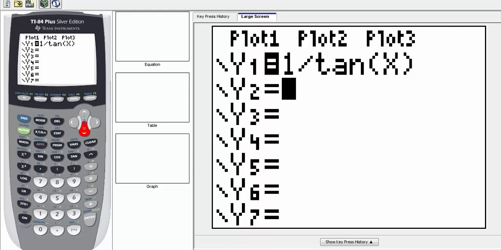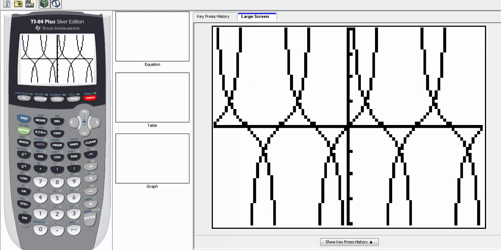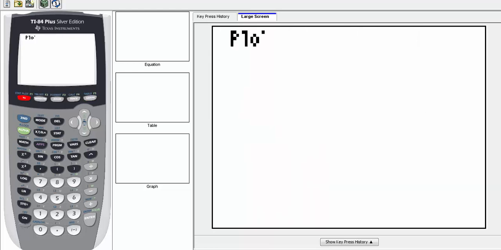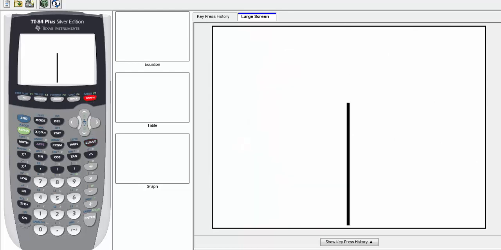So if we simply look, the top one is our cotangent with the 1 over tangent. So if I type in the tangent of x now, notice here comes the tangent function. It gets a little confusing with having the cotangent there. So I'm going to go back into y equals, and I'm going to clear out the cotangent. So now we can look at just the tangent function one more time.